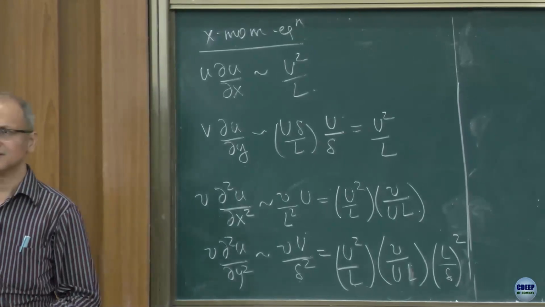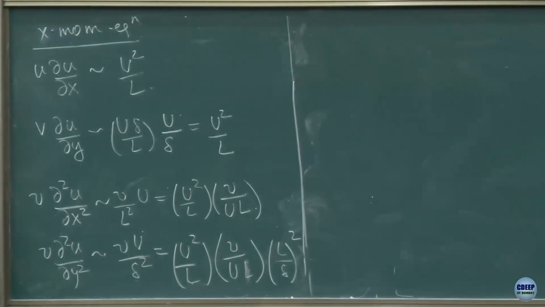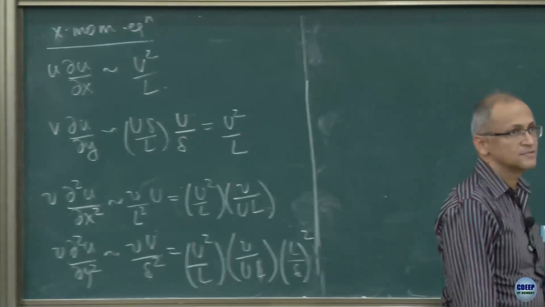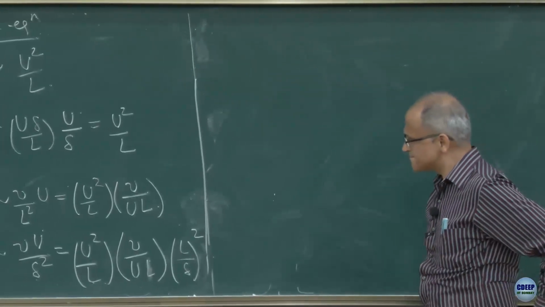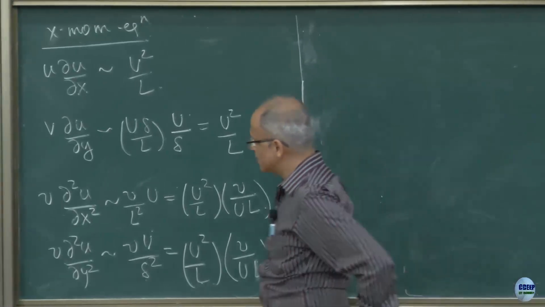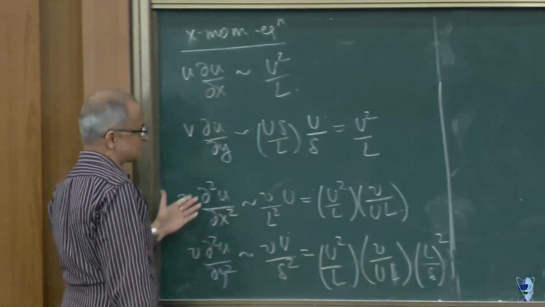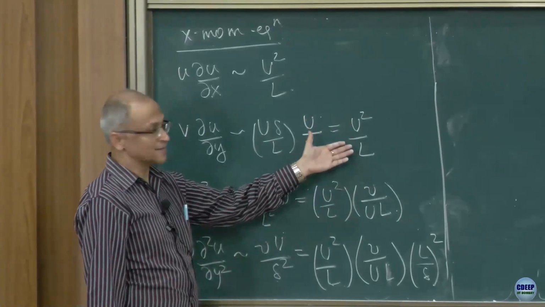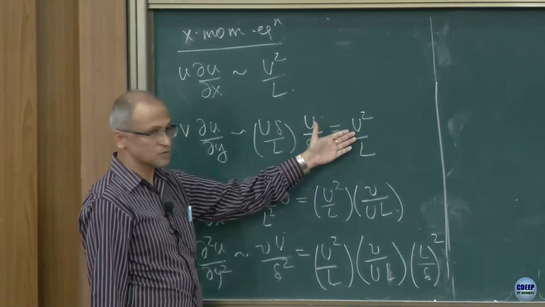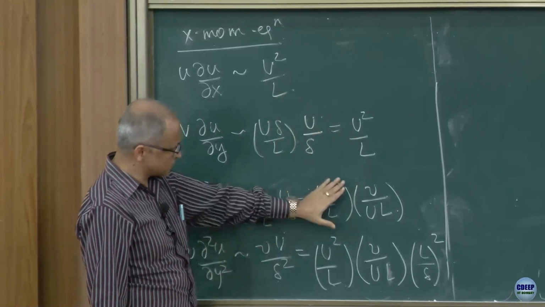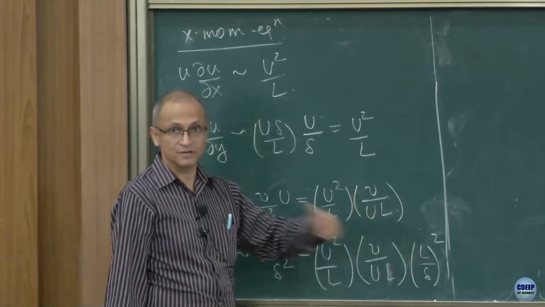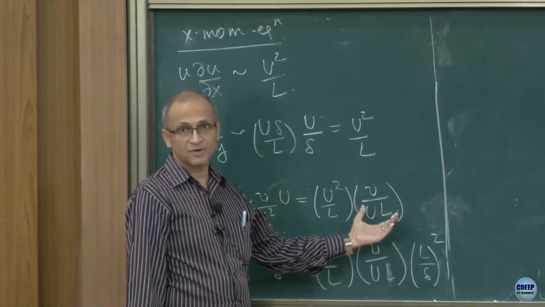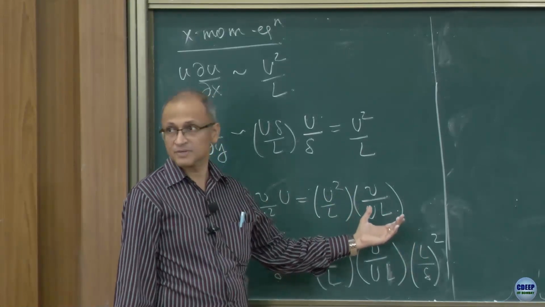Okay. Now, how do I start making a comparison? Tell me. Okay, we can simply start comparing U square upon L. So this is U square upon L into 1, and U square upon L into the other factor. So I don't have to worry about the U square. I can just look at the remaining part, right? So this term is 1 upon Re, correct?